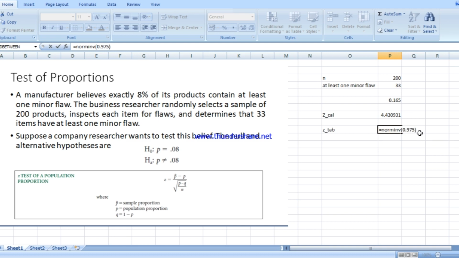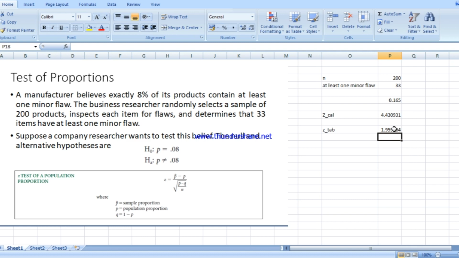The reason we are taking 0.975 is that it is a two-tailed test and we have 5% as the level of significance, so two-tail means 2.5% from the right and 2.5% from the left. This we have already taken up in the previous lesson. So it will be NORM.S.INV 0.975 and we will get 1.96.